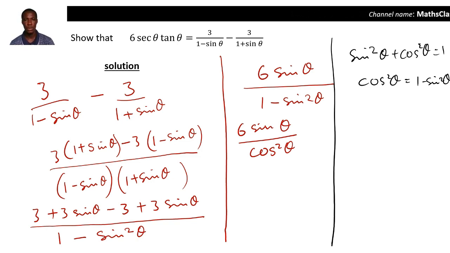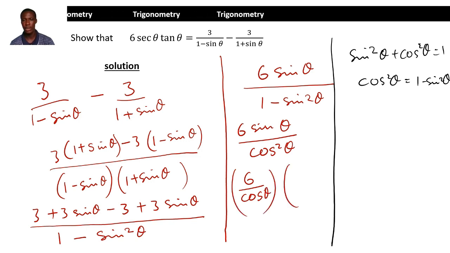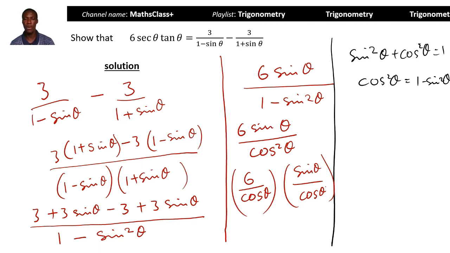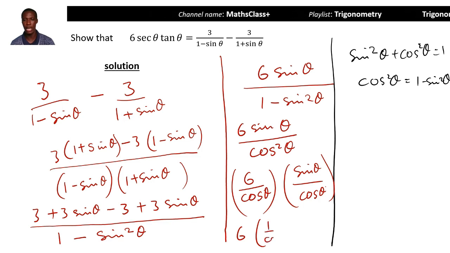Okay, and that means I can rewrite this expression as 6 over cos theta multiplying sine theta over cos theta. Okay, so now I want to do the conversion. So I bring 6 out. I have 1 over cos theta, and then I have sine theta over cos theta.